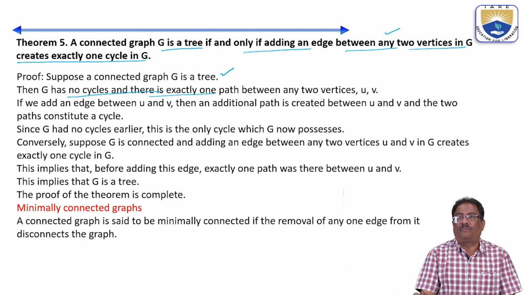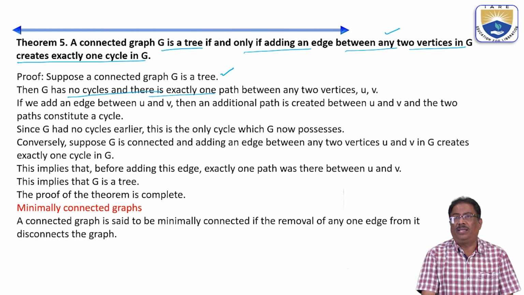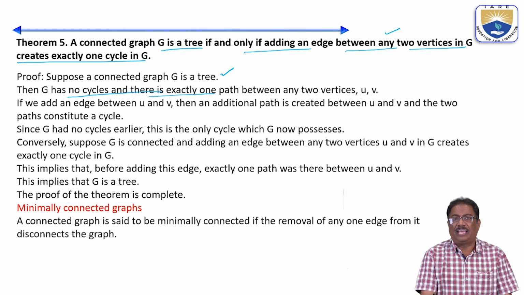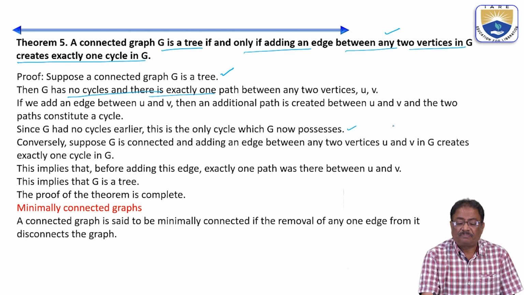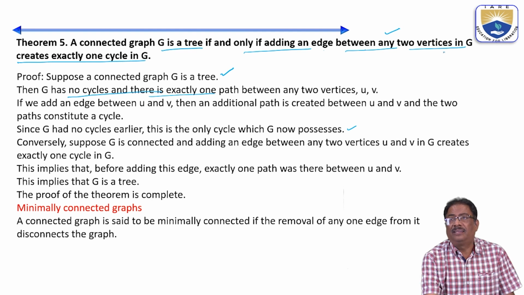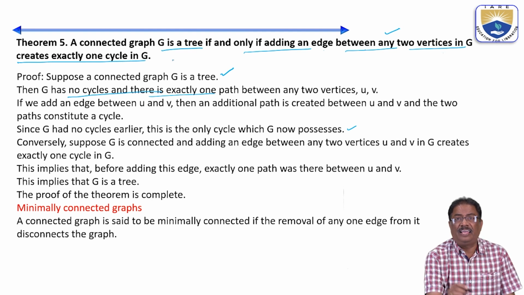So take any two vertices, U and V. If you add any edge between U and V, then there is an additional path created between U and V, and two paths constitute a cycle. Since G had no cycle earlier, this is the only cycle which G now possesses. That means by adding any edge between two vertices, it creates exactly one cycle.